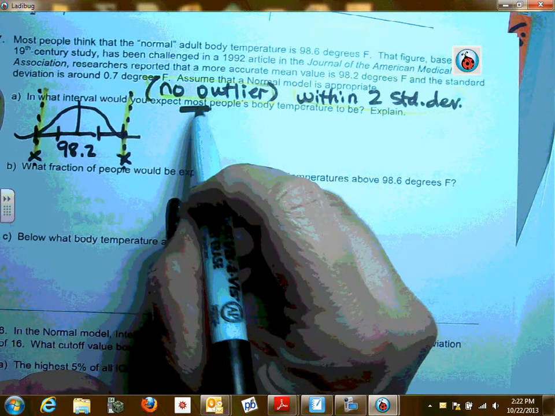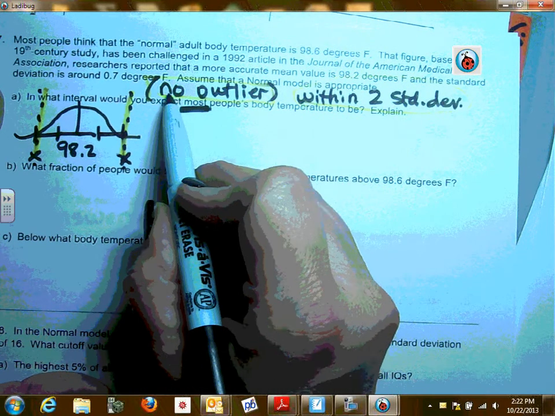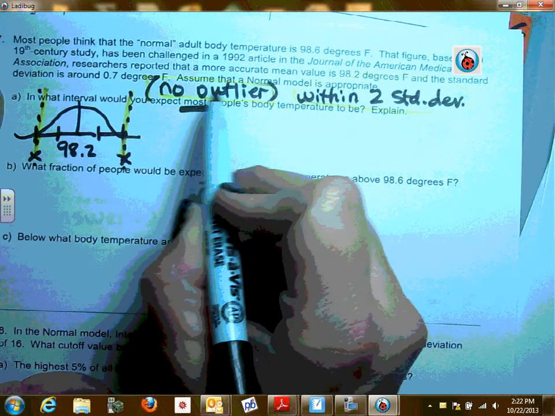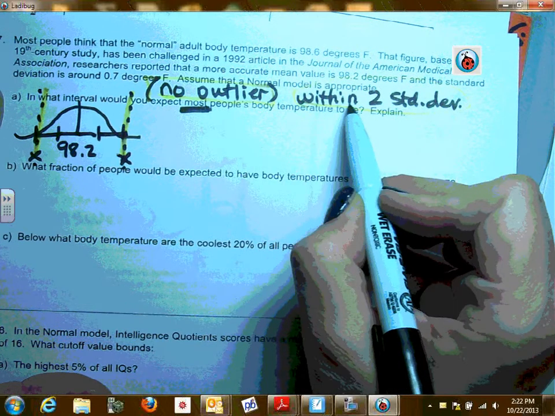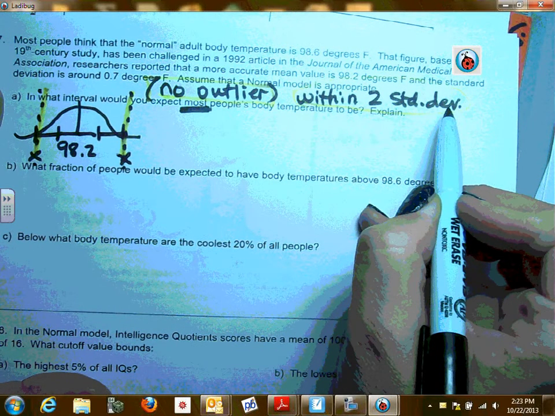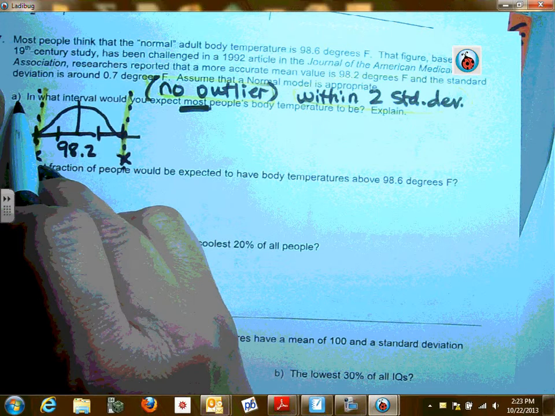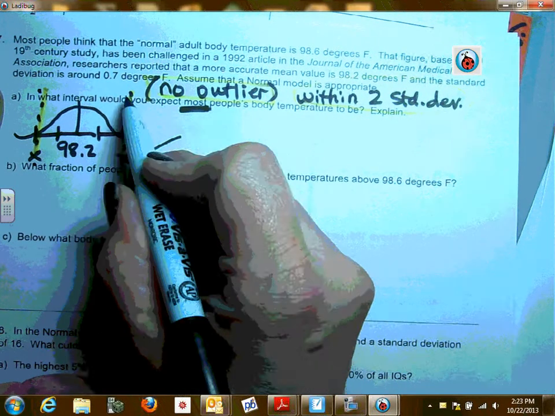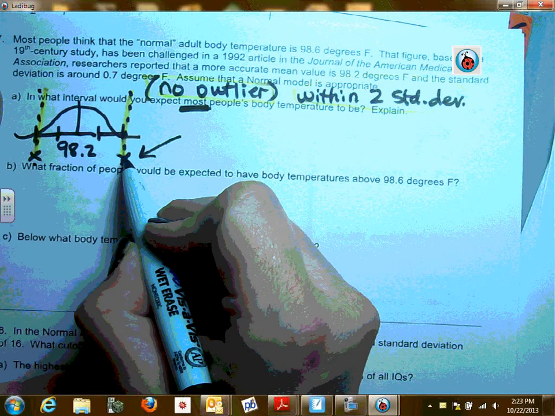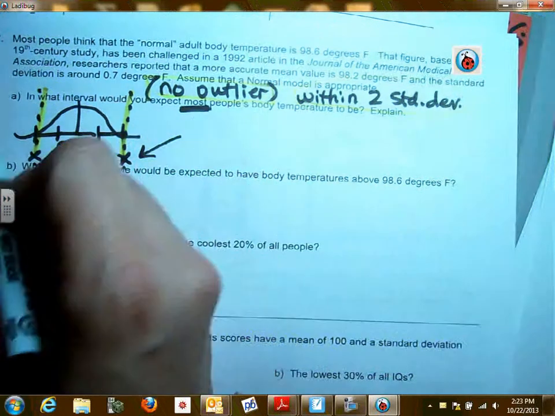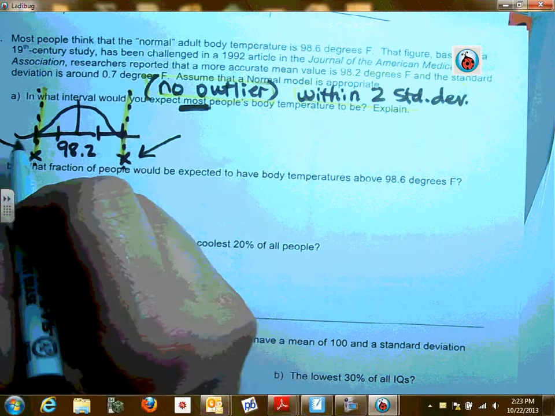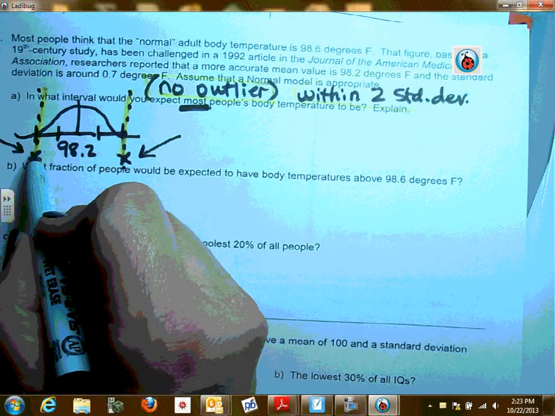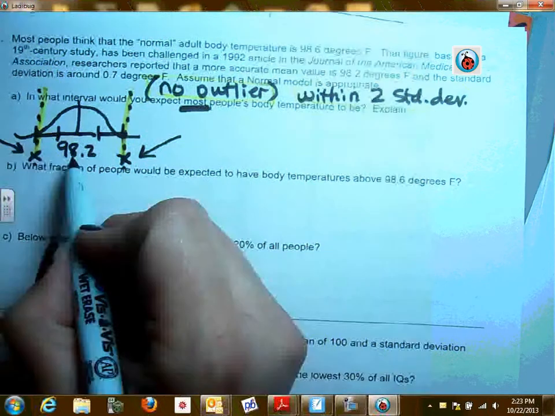So, especially when we're talking about our normal model, in order for a temperature to not be an outlier, you need it to be within 2 standard deviations. So the answers that I want for this problem are the temperature at this location, that's 2 standard deviations up, and the temperature at this location, that is 2 standard deviations below that 98.2.